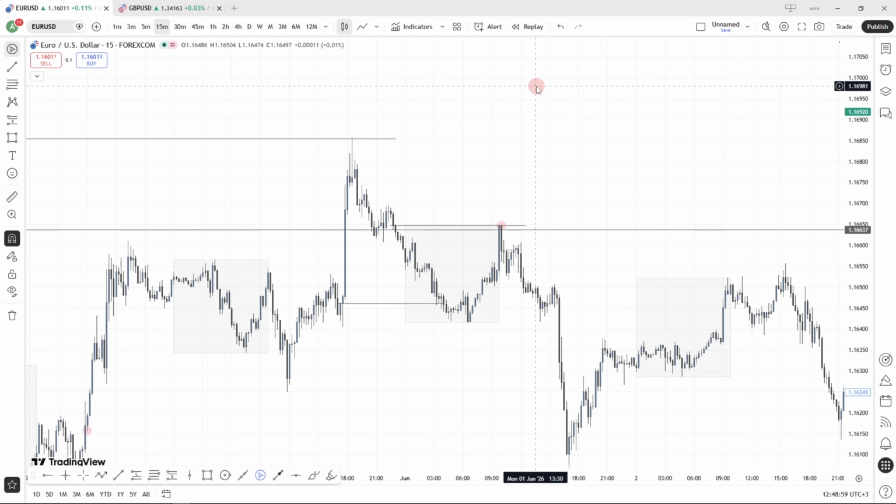So we should be having some point of interest. Remember, this is Asian, and perhaps this is London, and then this is New York as well. This can be Asian accumulating, Asian manipulating, and then London distributing.